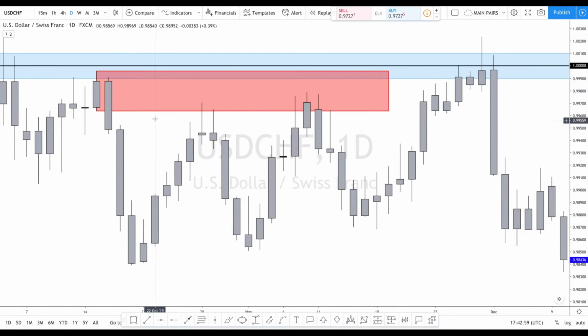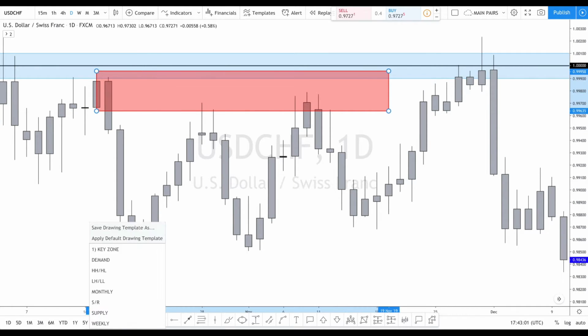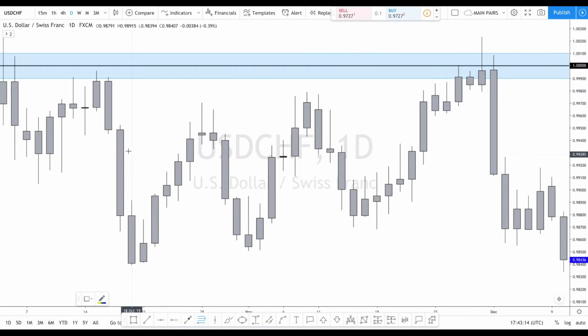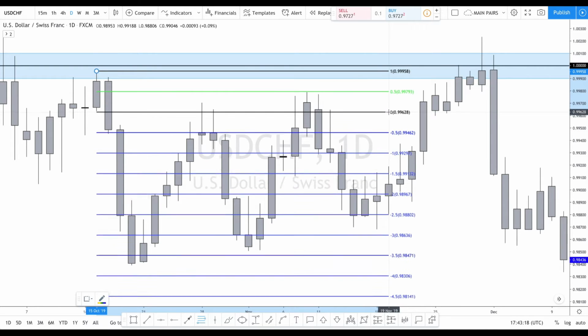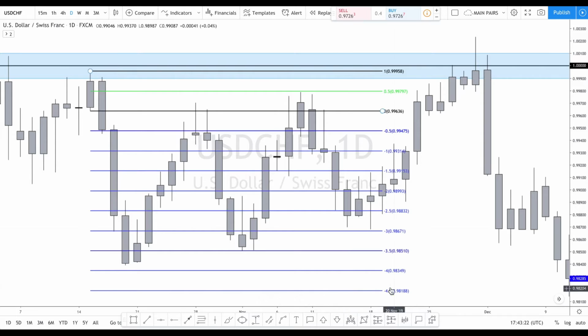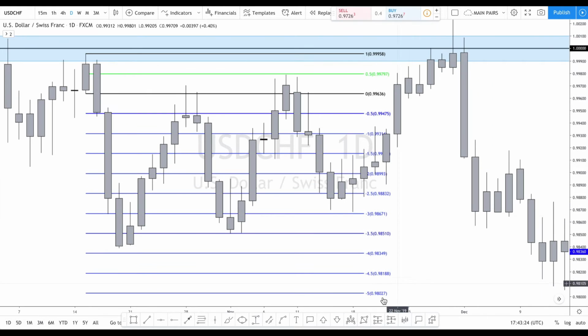Sometimes you see me have a fib like this, which I call the risk and reward fib. Let me show you. If I take that supply zone and map it out like this, so it doesn't get too messy, all the fib levels become targets.